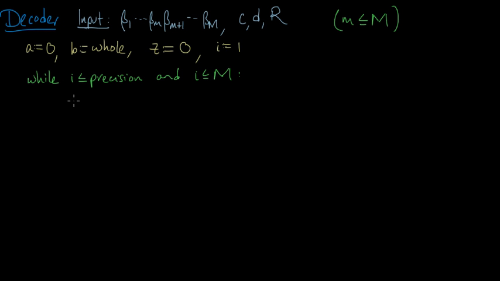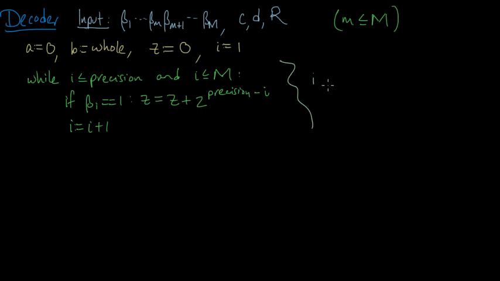Okay, so we're going to do this loop, and at each iteration, if beta I is 1, then we increment Z by 2 to the precision minus I. So we're constructing this binary number Z, and then we increment I. Basically, all this is doing is initializing Z to be the number beta 1 up to beta precision in binary.